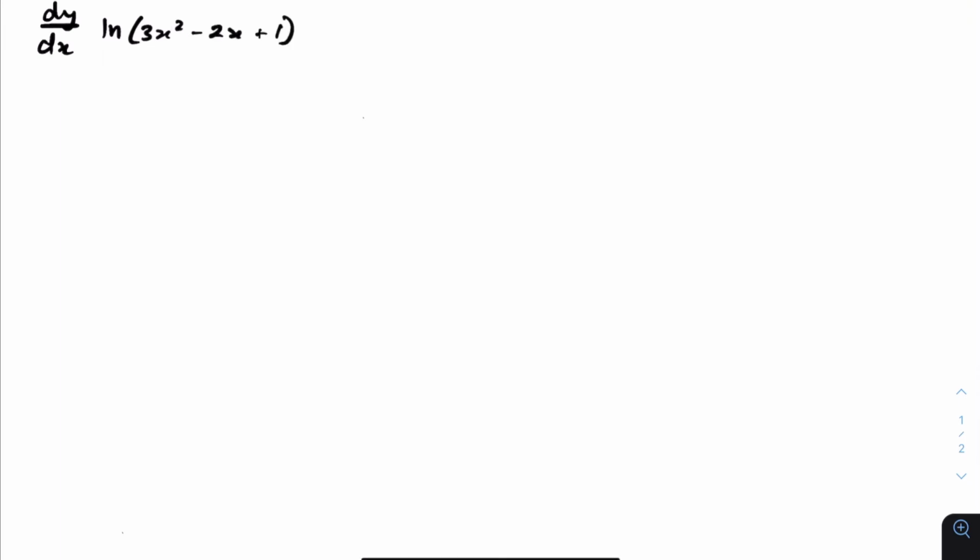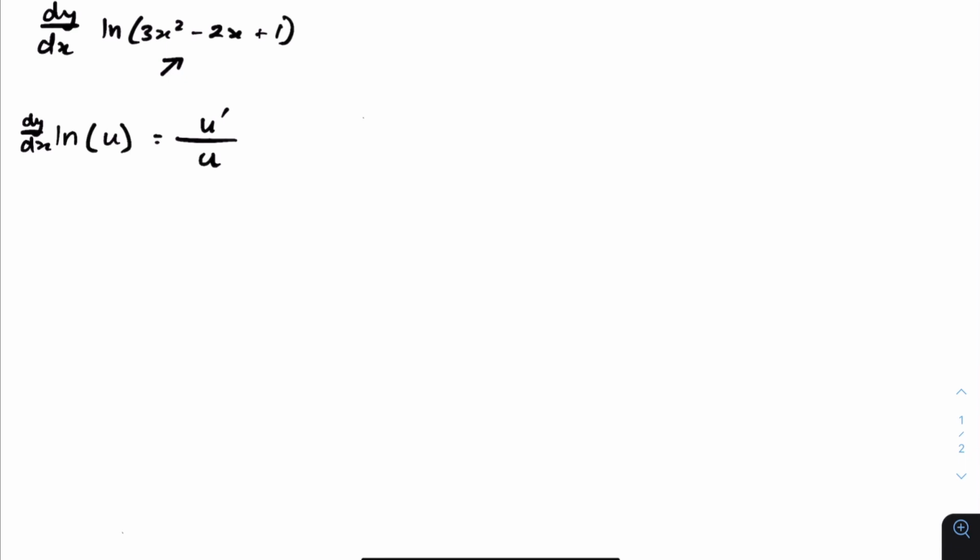Well, essentially what we need to do is set it up so that we have the differential of whatever's in the brackets of ln in the numerator and the actual function itself in the denominator. So what I mean by this is, let's represent this as ln u. And essentially the way you would differentiate it, let me just write the notation there, dy over dx is equal to the differential of u divided by u itself.